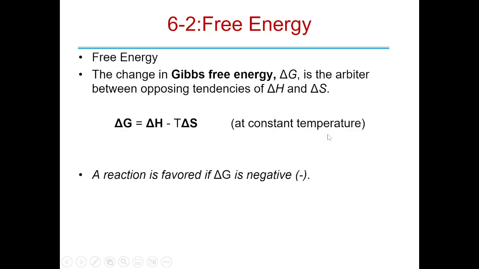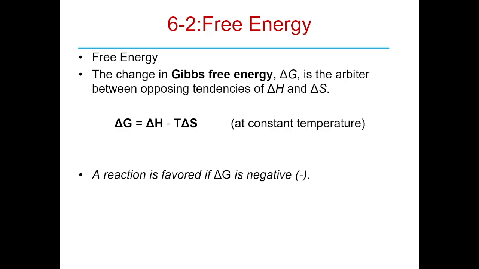So at constant temperature, delta G equals delta H minus T delta S. What tells you if something's favored to happen? Delta G is negative, yes. If delta G is positive, what's favored to happen? The exact reverse.